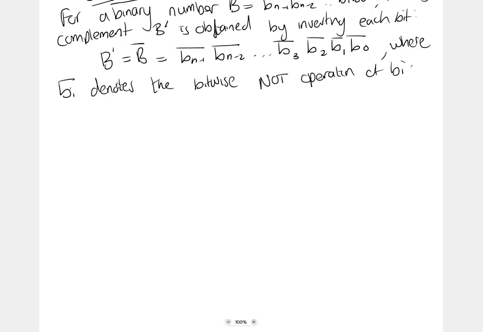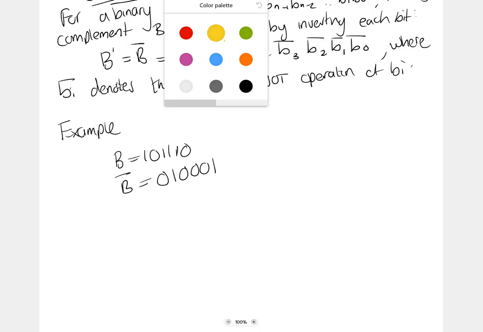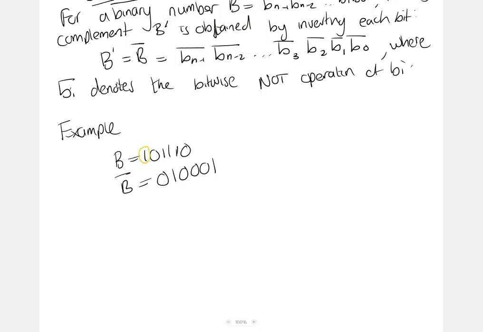So what does this b bar actually mean? It means that if, for example, b is equal to 101100, then b bar is going to be 010011. Notice that when there was a 1, it became a 0, and when there was a 0, it became a 1. This 1 became a 0.